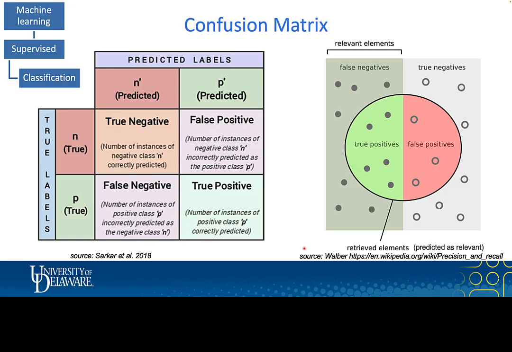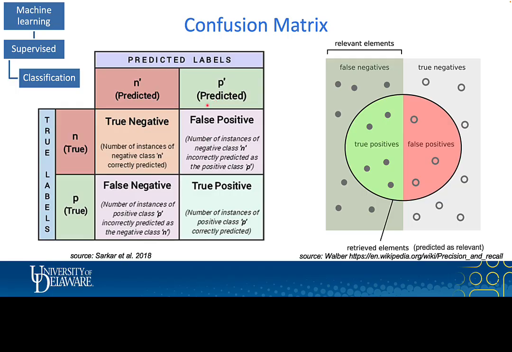It is created by comparing the predicted class label of a data point to the true label. This is repeated for the whole dataset, and the comparison results are compiled in a matrix like this and can be used to calculate several metrics that are useful measures of model performance.